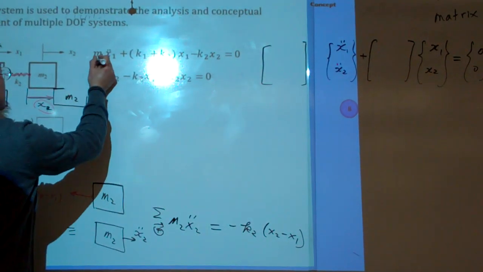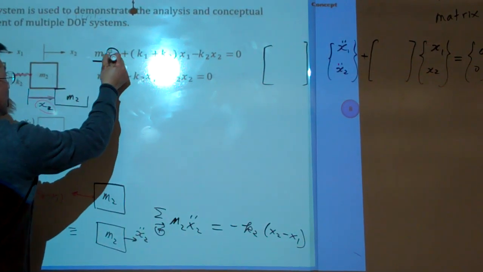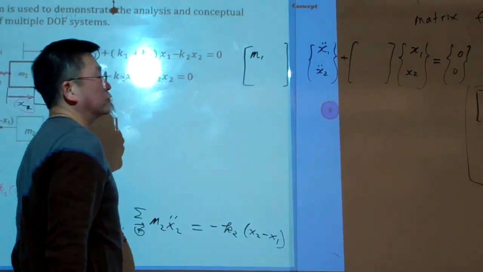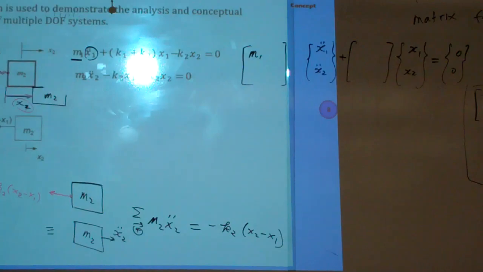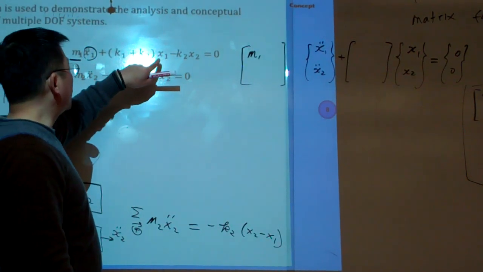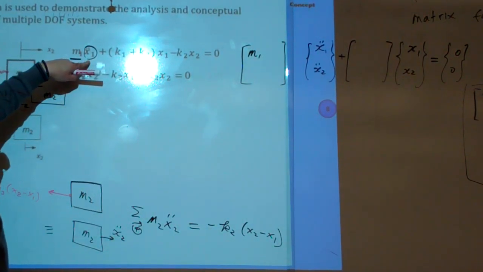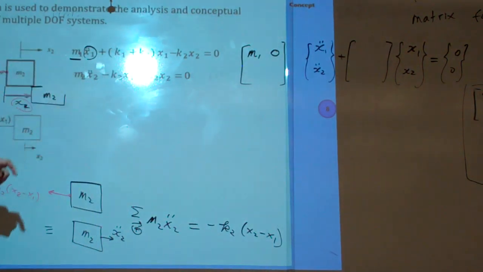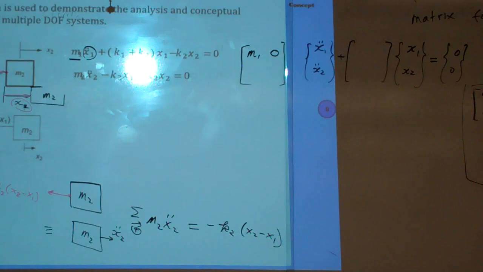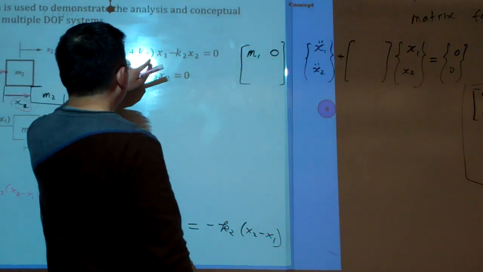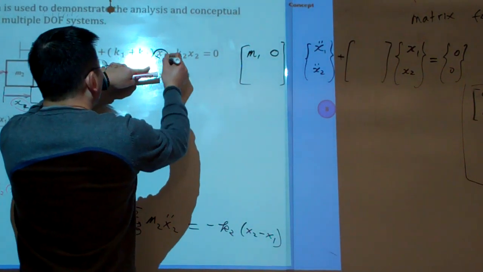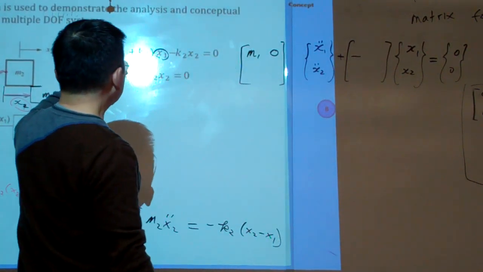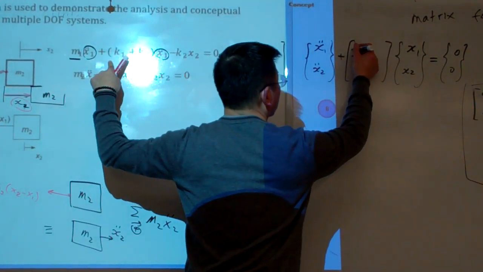So the first term is m1 times x1 double dot. Do we have anything multiplied with x2 double dot in the first equation? No, so 0. Then go to here, anything multiplied with x1, so that should be this term here, and that term is k1 plus k2.